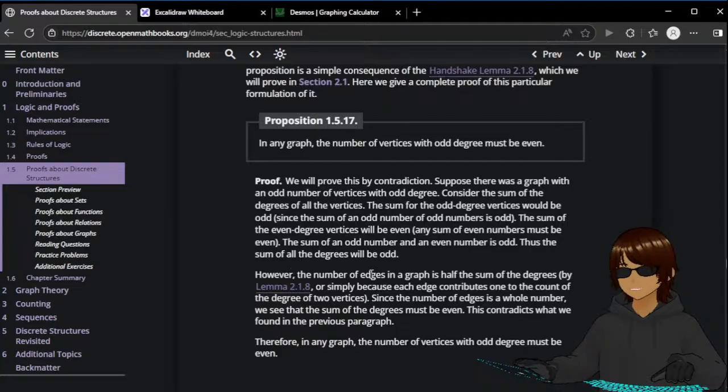However, the number of edges on the graph is half the sum of the degrees, simply because each edge contributes one to the count of the degree of two vertices. Since the number of edges is a whole number, we see that the sum of degrees must be even. This contradicts what we found in the previous paragraph.